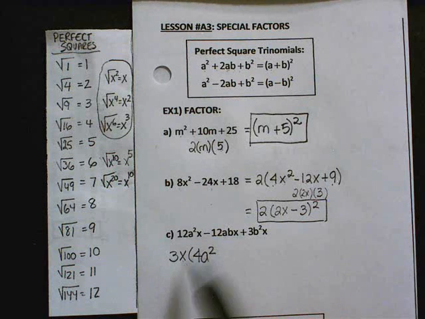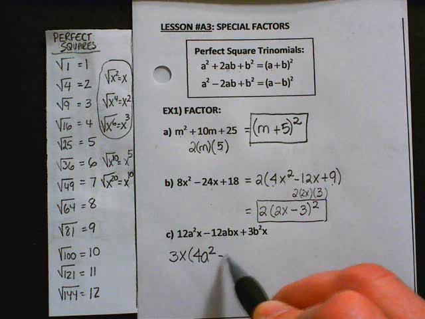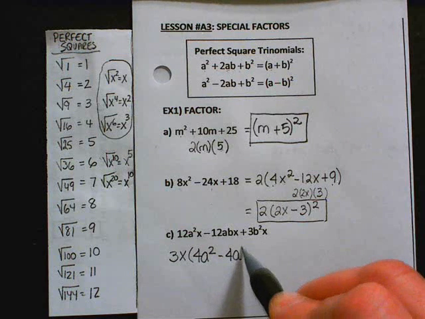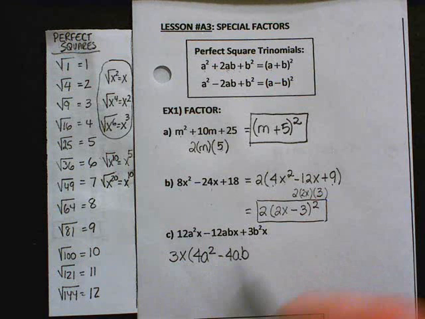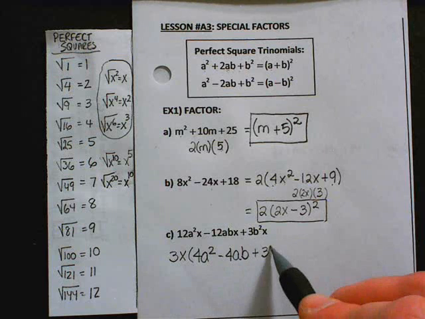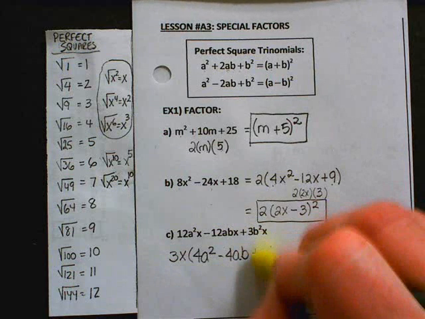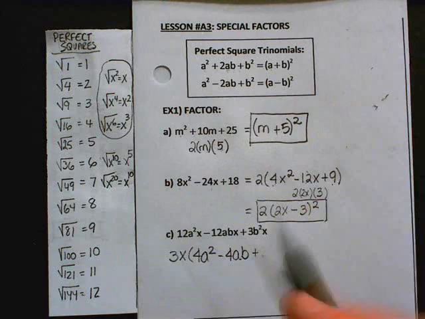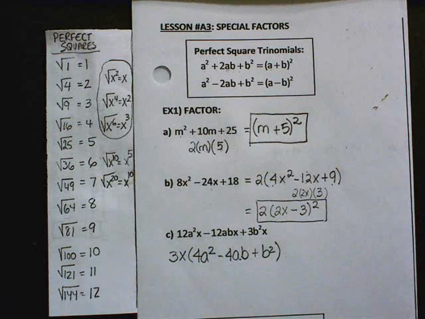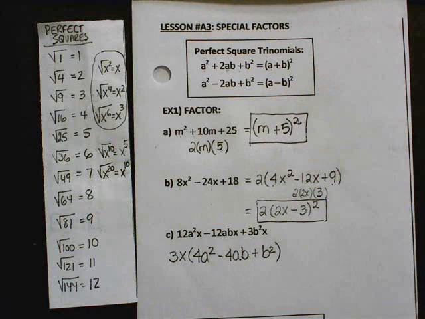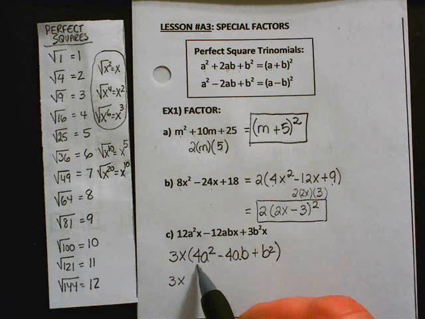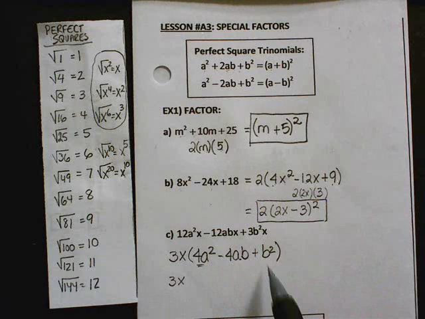Negative 24 divided by 3 is negative 8ab, and the x cancels. And the last one, 3b squared divided by 3 is b squared, and the x cancels. Now with that, we have the 3x on the outside, and I notice that this one is a perfect square, and so is this one.